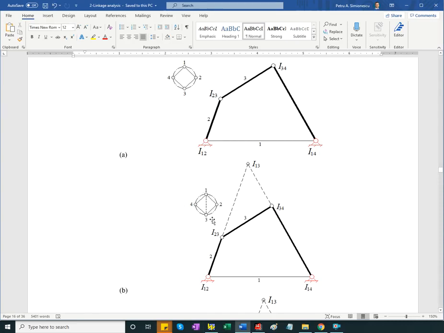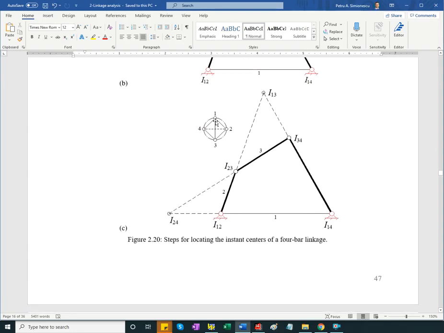So we have instance center 1, 4 and instance center 3, 4, and we extend that line. That will be Kennedy line 1, 3 and 4. The other one was 1, 2 and 3. We know that along this Kennedy line there should be the instance center 1, 3, and it should also be along this other line 1, 3 and 4. In order to satisfy both requirements, the instance center we're looking for, I13, should be at the intersection of the two Kennedy lines. So we have one figured out.